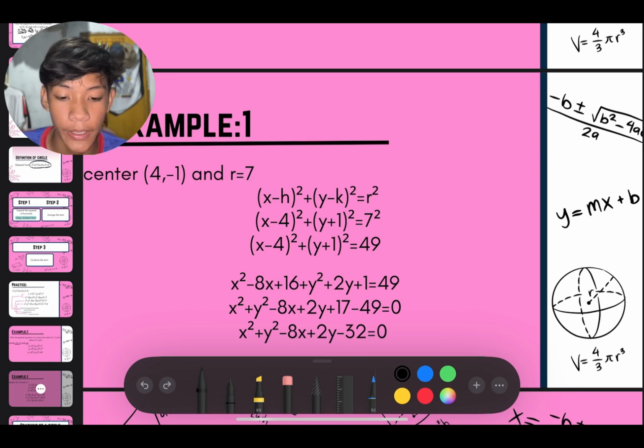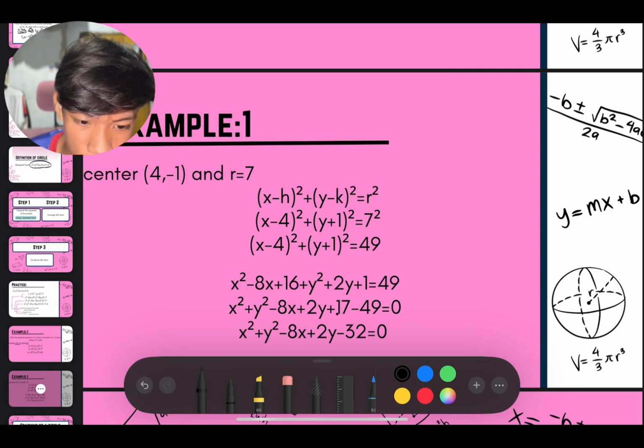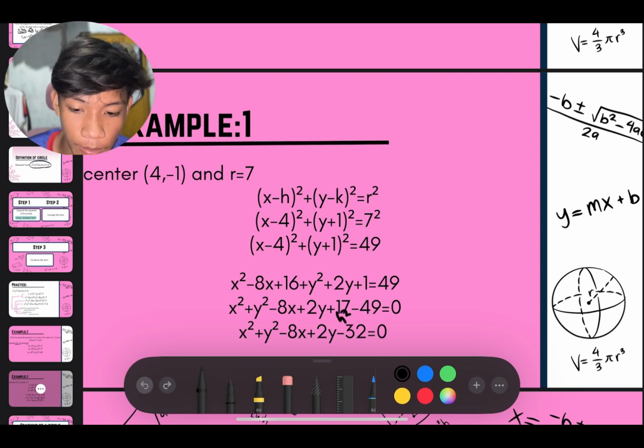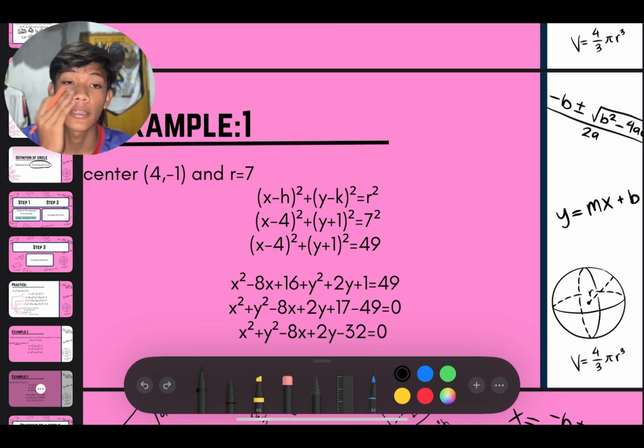Right? Yes, combine. So x squared plus y squared minus 8x plus 2y minus 32 is equal to 0. Earlier, this is our h squared, then this is our radius squared, right? So 7 squared. 17 minus 49 is equal to negative 32. That's how we get the negative 32.